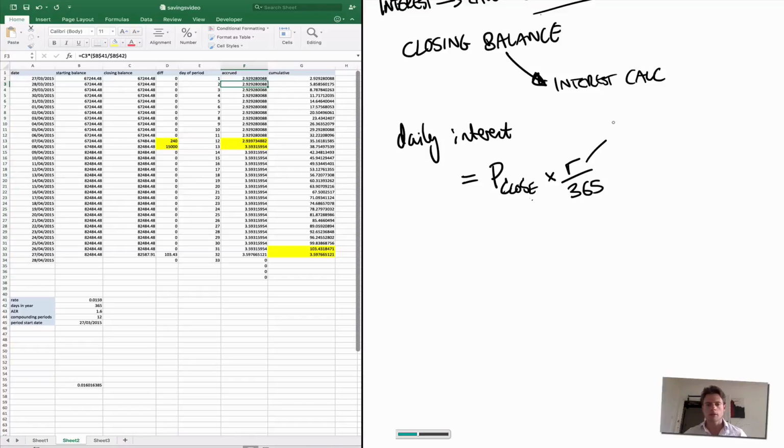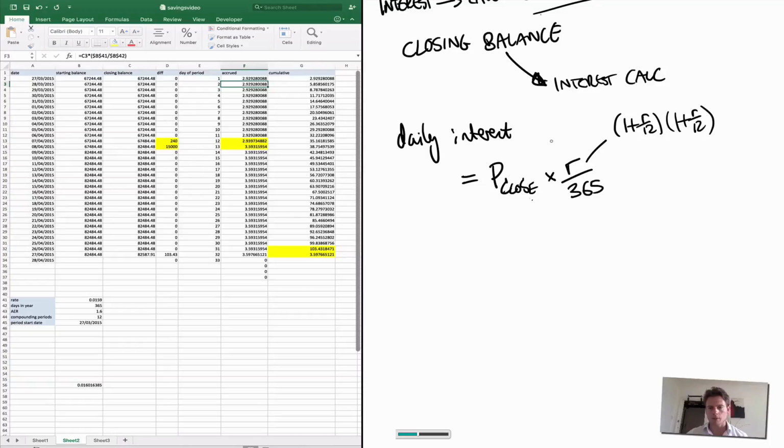That's the simple example we were looking at in the first session, where we say 1 plus R over 12 times 1 plus R over 12. That's a simplified example that's not going to work here.